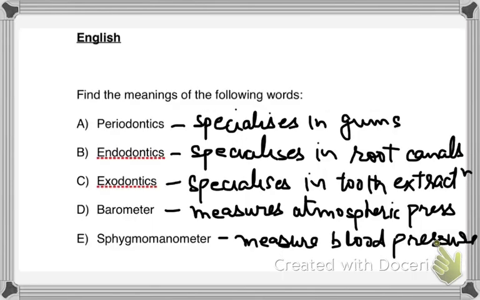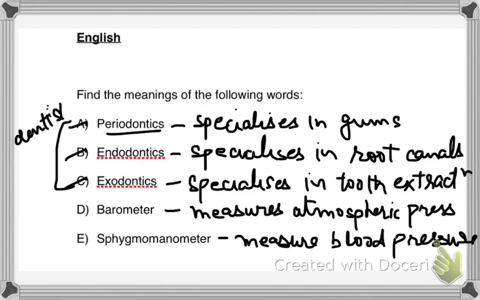Now your English part consisted of these 5 words: periodontics, endodontics, exodontics, barometer, and sphygmomanometer. Okay, so this is how you pronounce this word, sphygmomanometer. Now periodontics, endodontics and exodontics are all related to the dentist field.